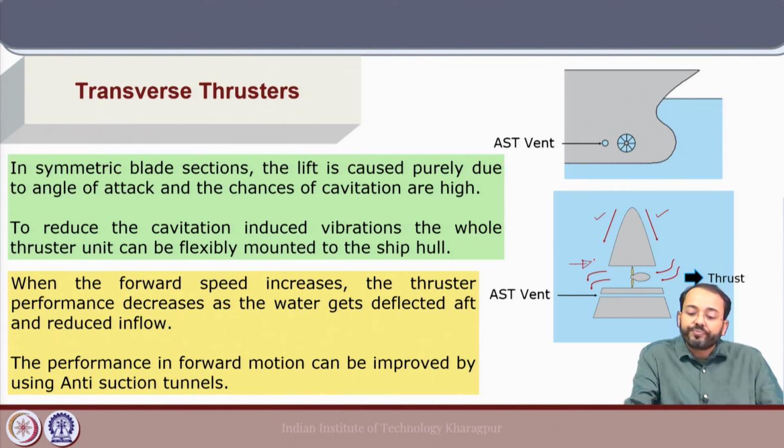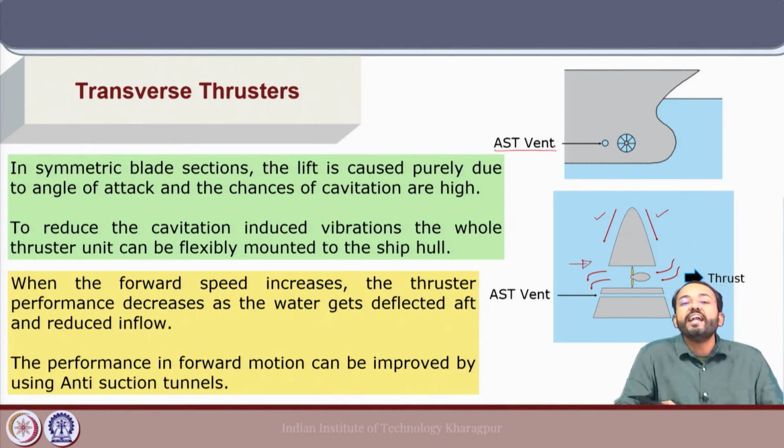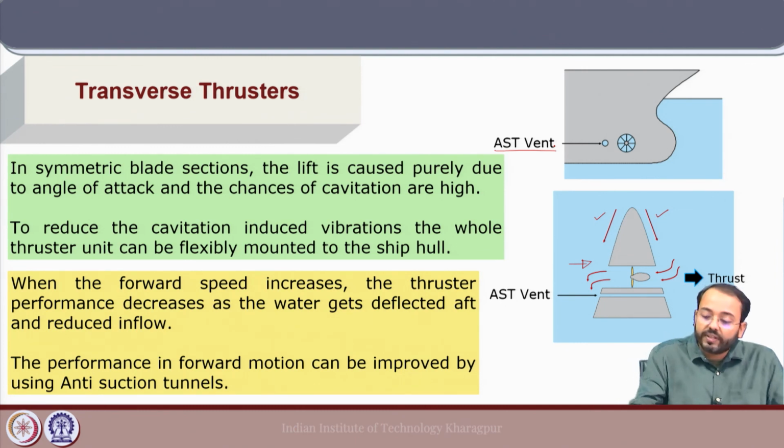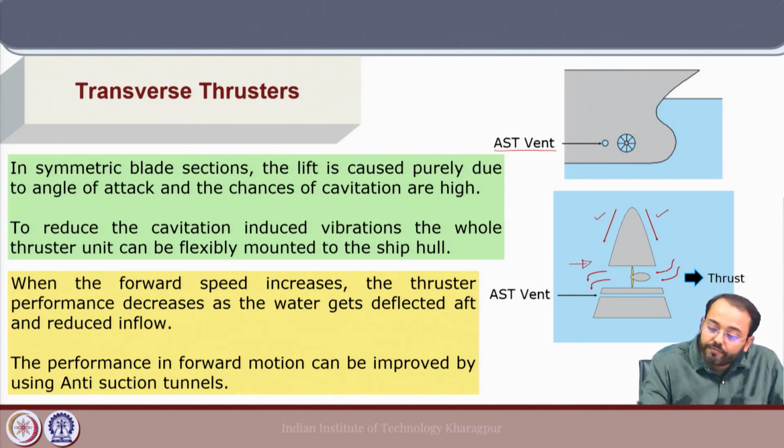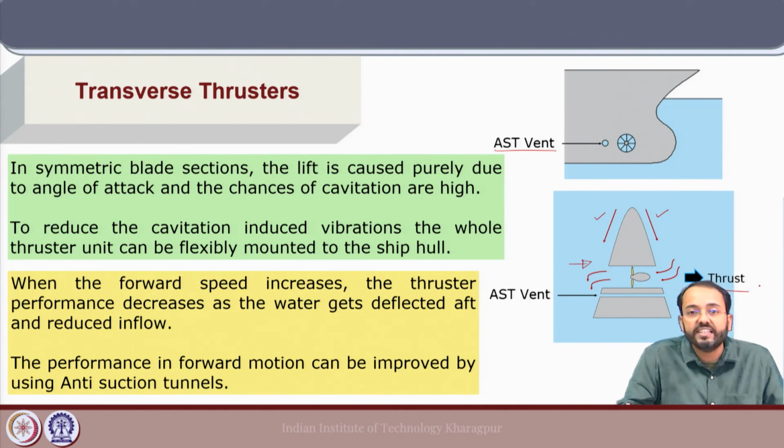Hence, these AST vents, which are called anti-suction tunnels, are provided just behind the thruster, and by providing them, the thruster performance at larger forward speeds can be improved. In this diagram, the thruster is generating a flow and providing a thrust in the starboard direction.